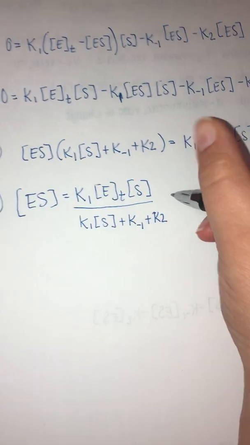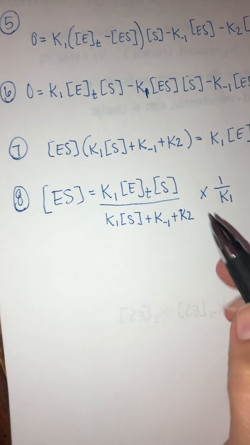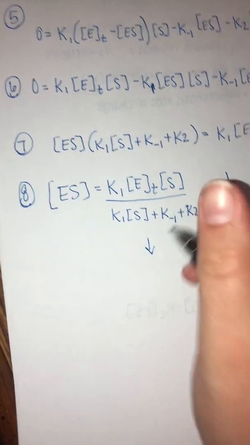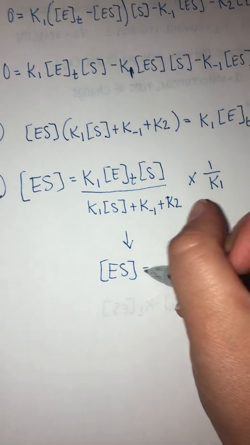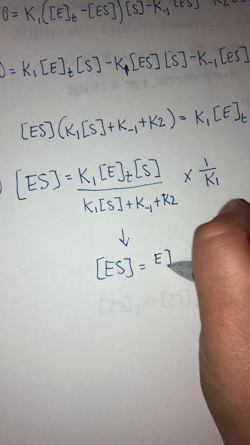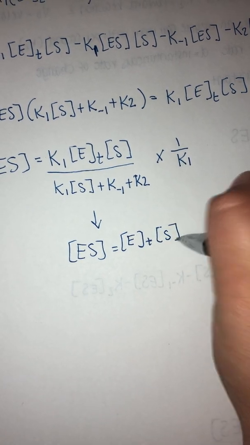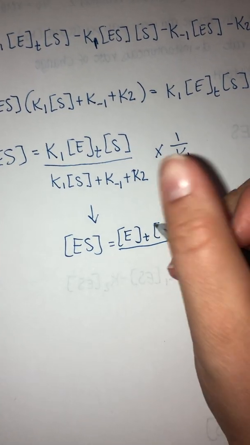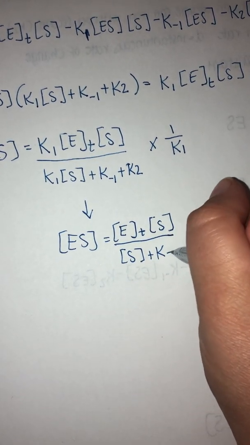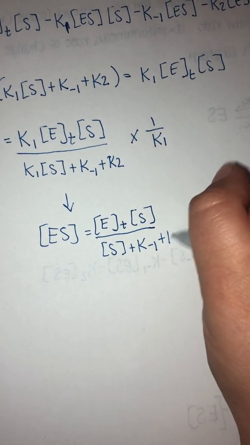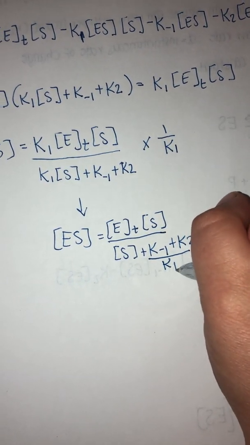So we're just going to multiply this by 1 over K1, and that is going to give us ES equals E sub T times S divided by S plus K negative 1 plus K2 divided by K1.